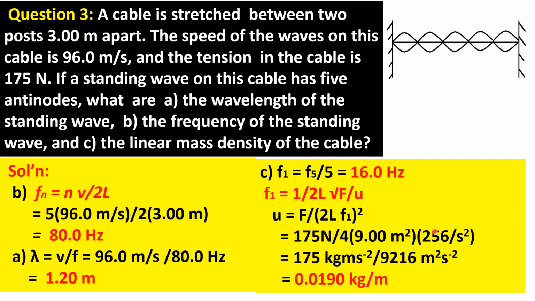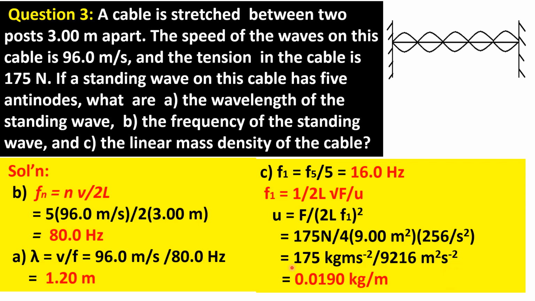That is the result of getting the square of 2, the square of the length L, the square of F1. Then if we multiply them all, what we get is 9,216. The unit, of course, becomes meters squared per second squared.